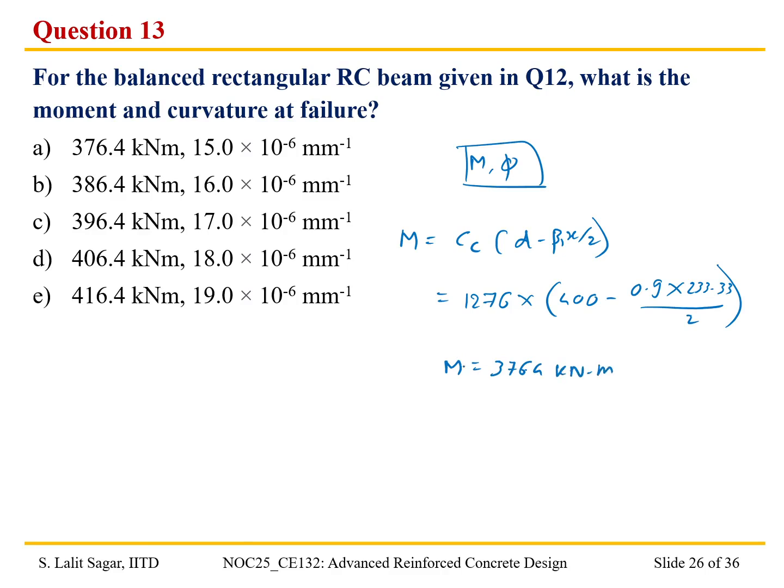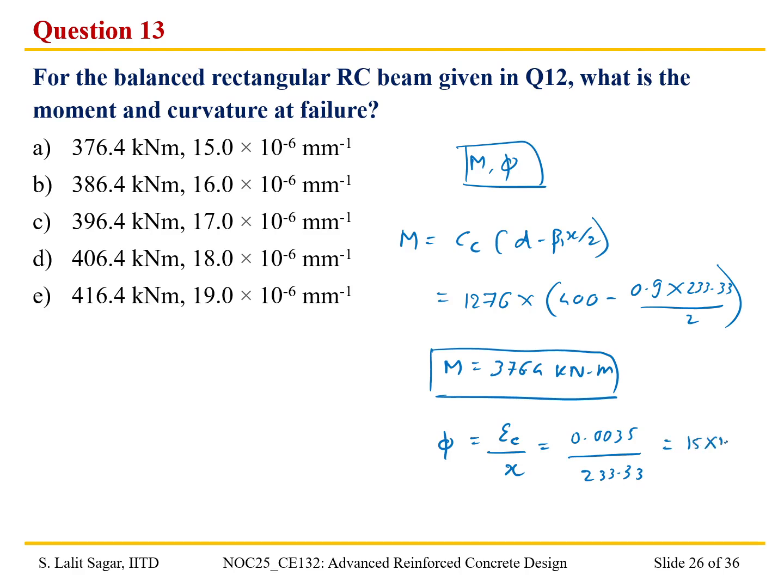Again, I request all of you to check the values that we are getting, and phi is equal to epsilon c by x, that is 0.0035 divided by 233.33, which gives a value of 15 into 10 to the power minus 6 per millimeter.